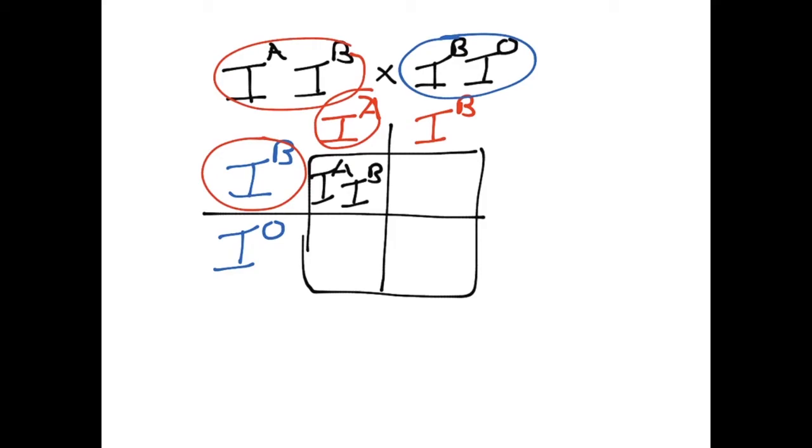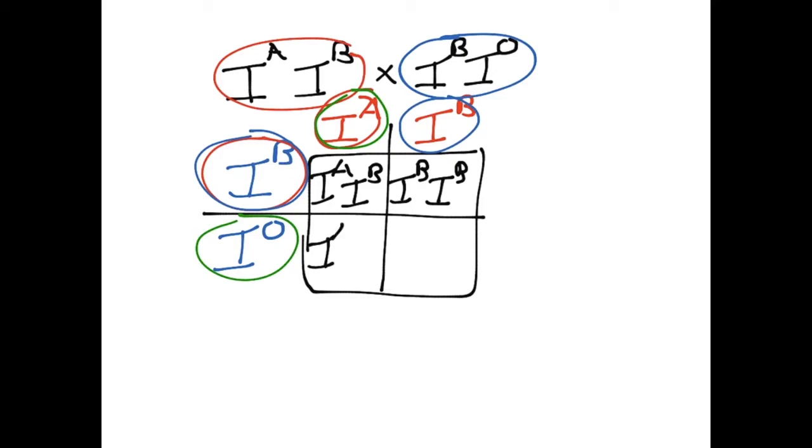If we look at these two, we could have IBIB. If we look at these two, we would have IAIO. And if we look at these two, we would have IBIO.